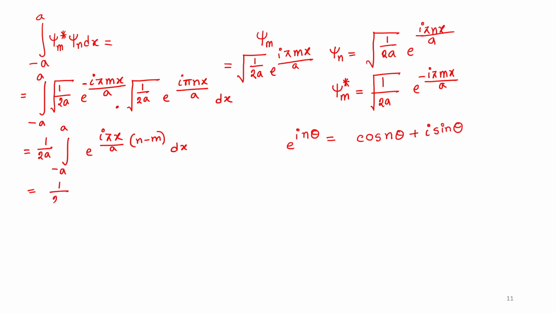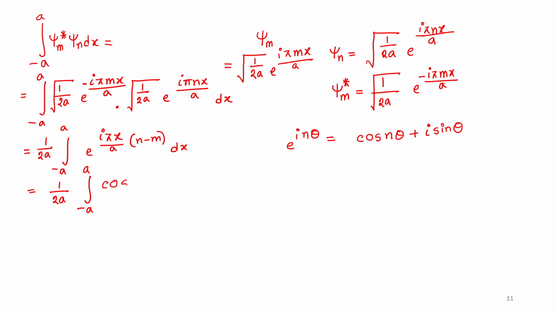So 1 by 2a, in between integration, the exponential: see, x is our variable, right? So x is like theta here. The rest of the part is not.